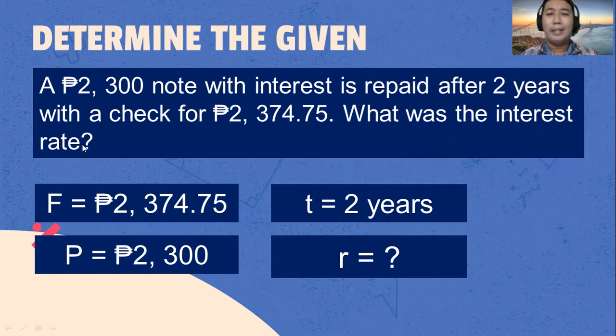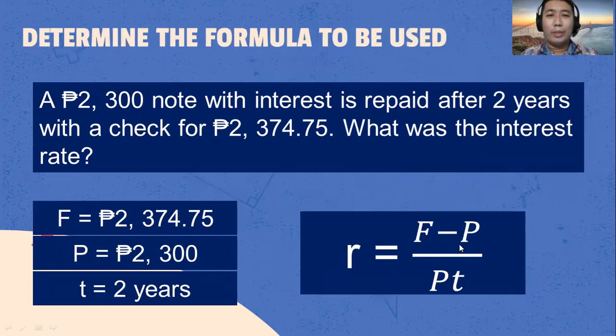What was the interest rate? We can now use this formula in order for us to solve for the value of the rate of interest, because the given are final value or maturity value 2,374.75, and we have the principal amount, which is 2,300, and the time is 2 years.